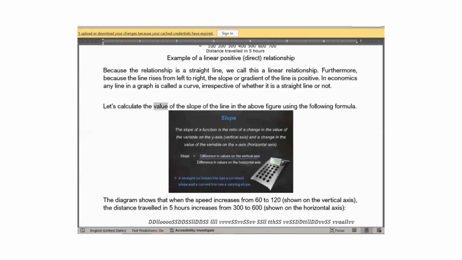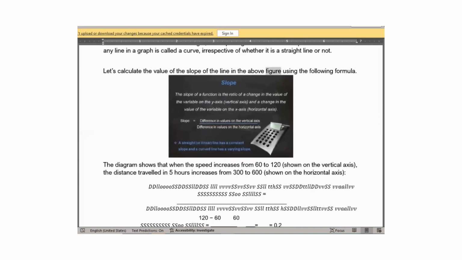Let's calculate the value of the slope of the line in the above figure using the following formula. The diagram shows that when the speed increases from 60 to 120, shown on the vertical axis, the distance traveled in 5 hours increases from 300 to 600, shown on the horizontal axis.